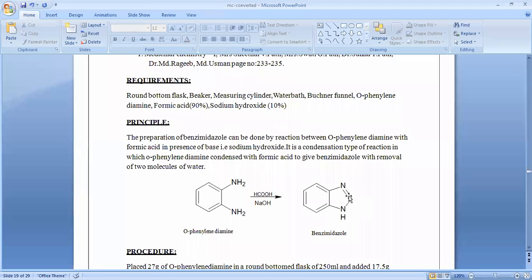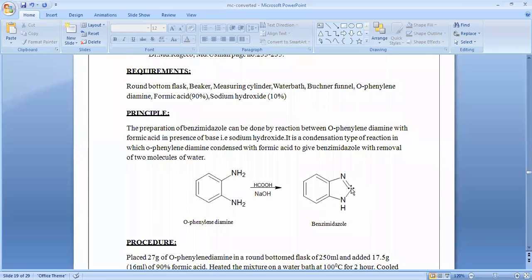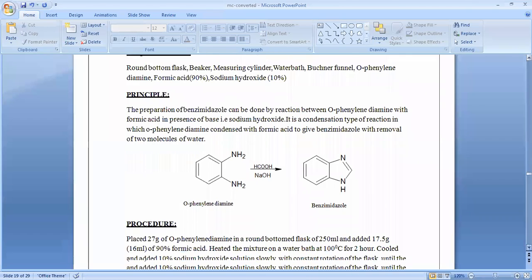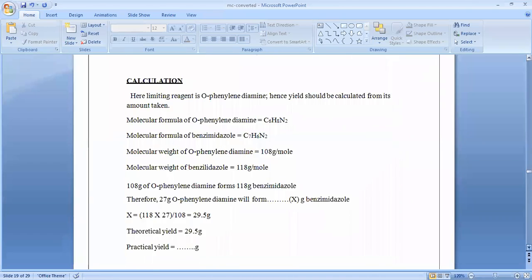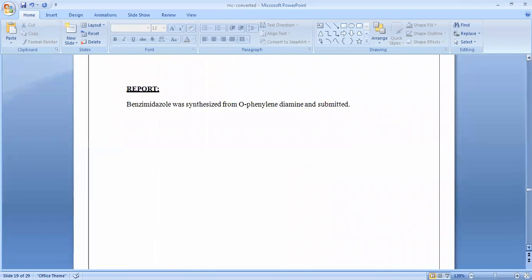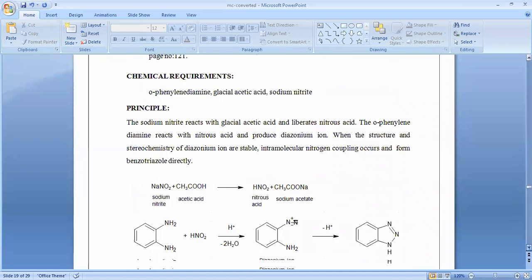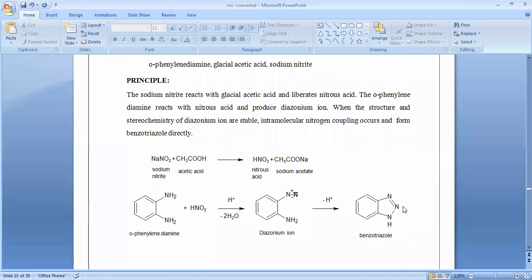See, this is the structure of benzimidazole. Here there is the presence of a carbon atom. And in the case of benztriazole, this carbon atom is also replaced with a nitrogen atom. So we have synthesized benztriazole. Such replacements, such substitutions, are known as bioisosteric substitutions.